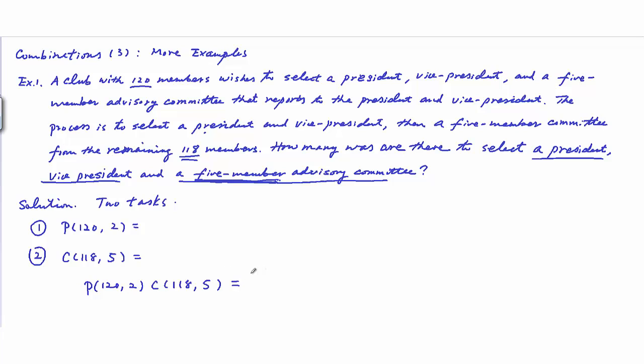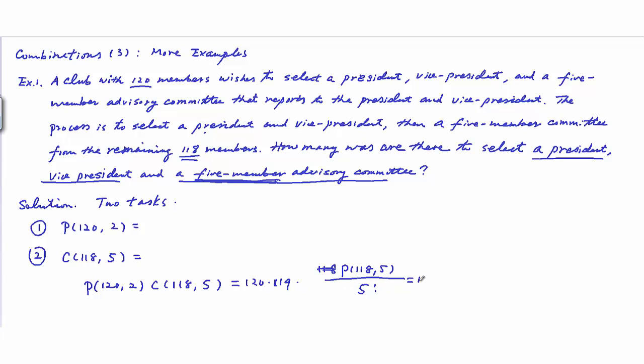So let's look at this. Permutation of 120 taken 2 is 120 times 119. And then the combination of 118 taken 5 equals permutation of 118 taken 5 at a time, divided by 5 factorial.